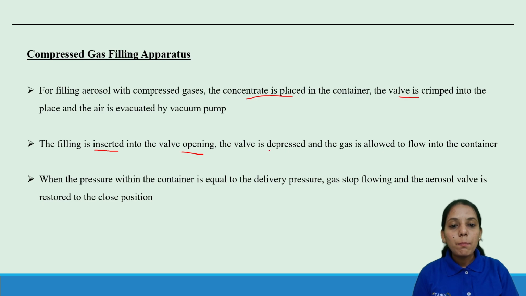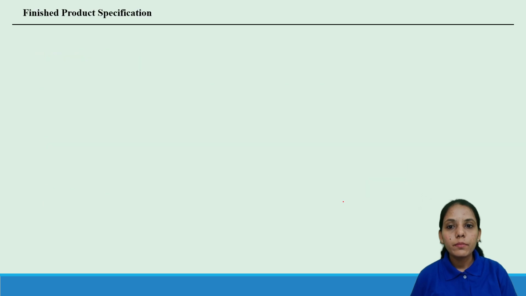The valve is depressed and the gas is allowed to flow into the container. When the pressure within the container is equal to the delivery pressure, the gas flow will stop and the aerosol valve is restored to the closed position. So this was about the compressed gas filling apparatus.